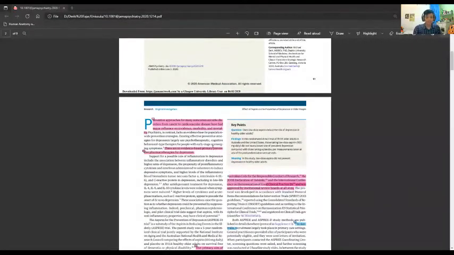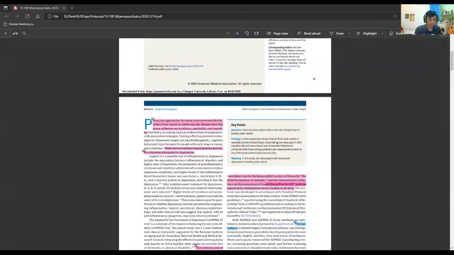So let's go ahead into section number 2, the introduction section. Basically this is the background and the objective of this article. As you can see here, there is 2A and 2B. 2A is the scientific background and explanation of rationale.